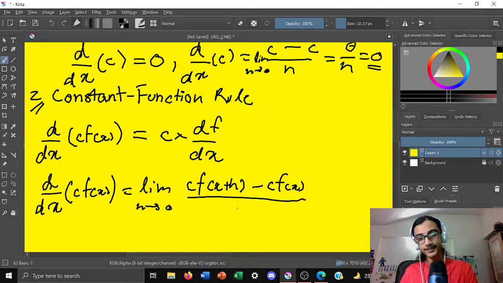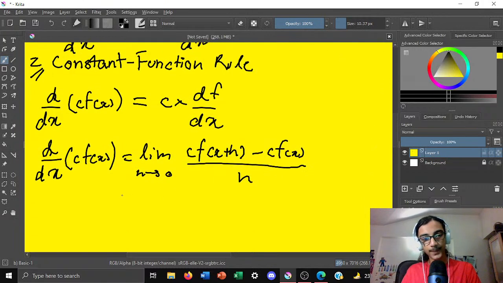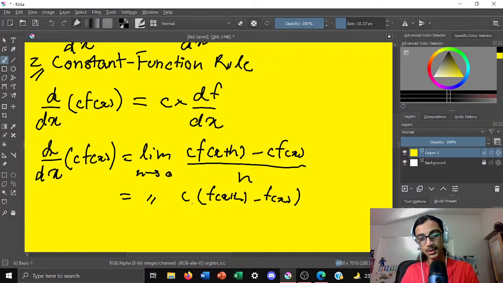And I'm sure the rest is fairly obvious. All we have to do is take the constant common. I'm not going to write the limit again, just assume it's there. We take the constant common and we do f of x plus h minus f of x, and we divide by h.